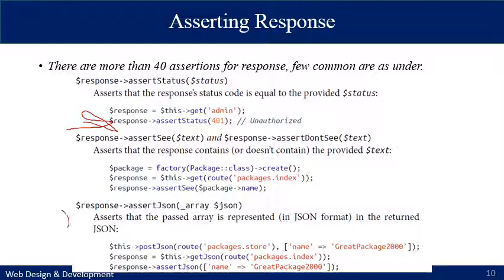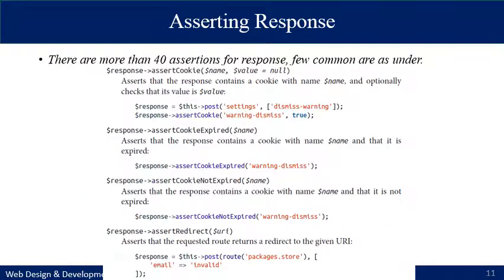Similarly, the assert JSON method is used to assert that the given array is represented in the returned JSON. Similarly, assert cookie asserts that the response contains a cookie with the given name, and optionally checks its value.